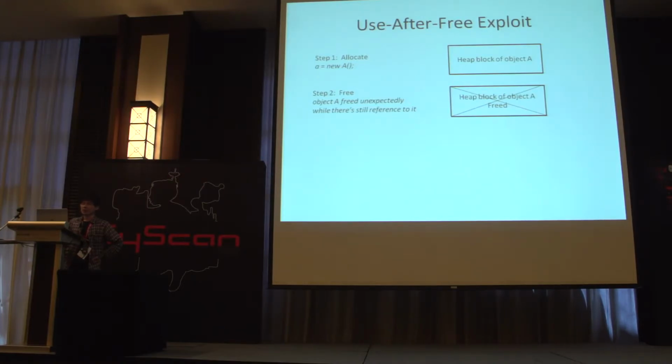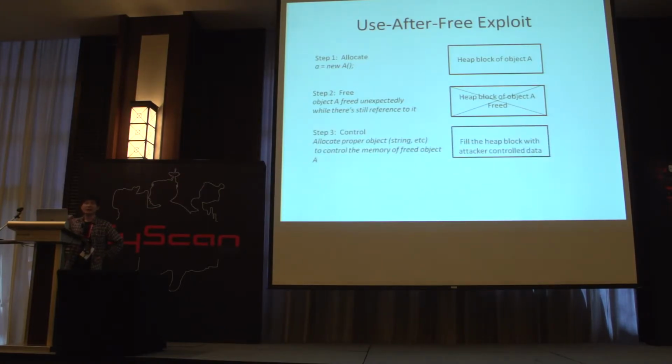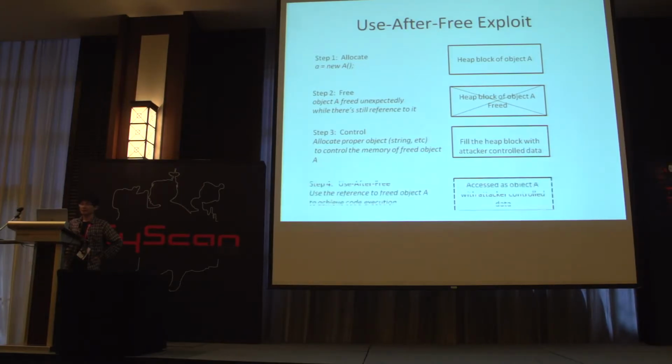Third, the attacker will try to allocate some other objects, usually string objects, to control the memory of the freed object. And then finally, the attacker will try to access the freed object again.